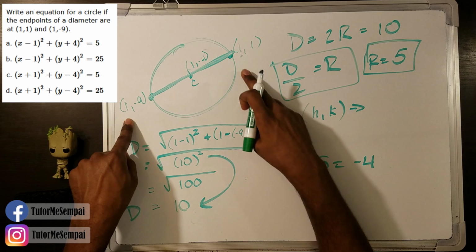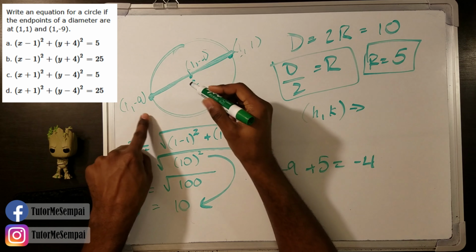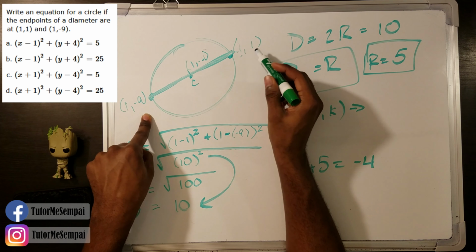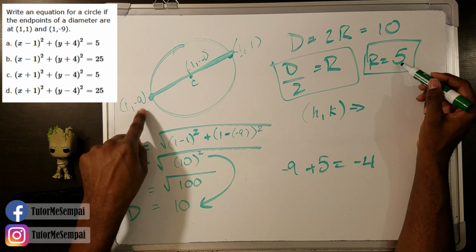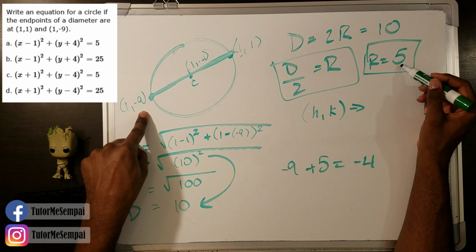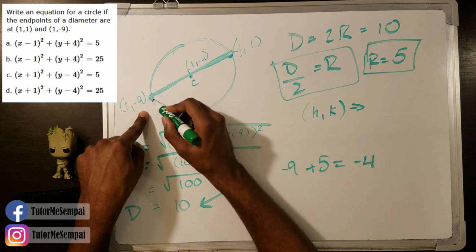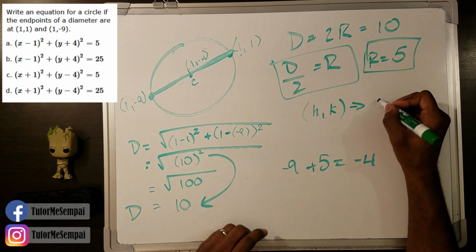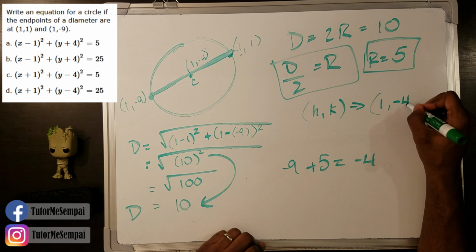So we realize our 1 didn't change. Our x value didn't change. The only thing that was changing in this question was our y value. So we can simply add our radius to our y value that we're leaving. And that will give us our y value of the center because this is going to be a distance of 5. So in this case, our center is going to be (1, -4).